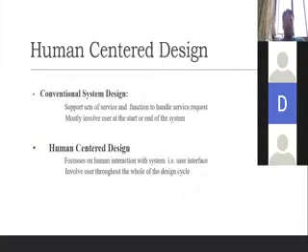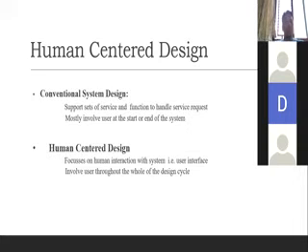Okay. So we'll just compare the human-centered design with the conventional system design. So conventional system design basically focuses on designing the core of the system to support the sets of service actions or functions in order to handle the service request of the users.